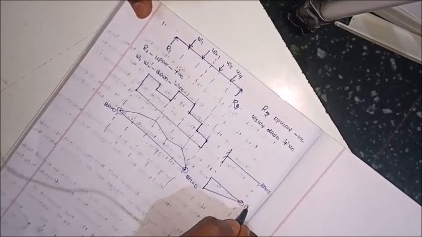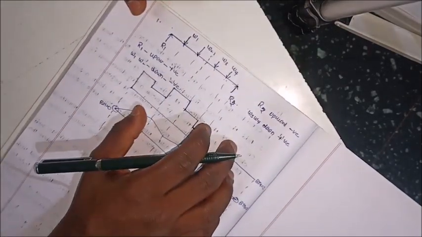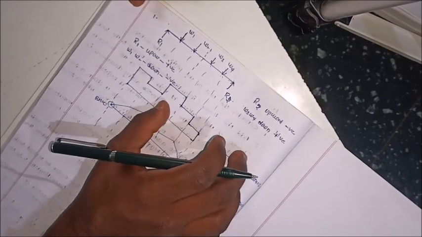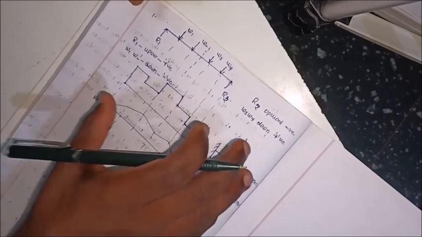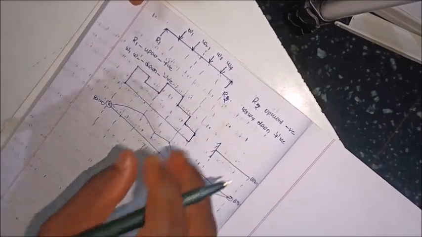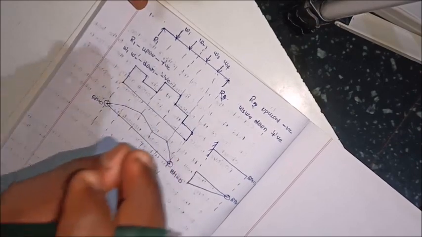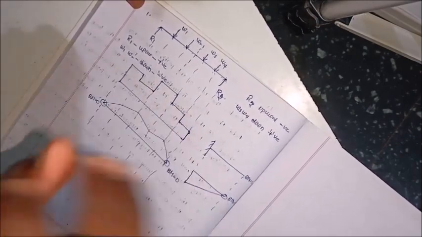Here the bending moment will be equal to 0. These are the points to consider while drawing shear force and bending moment diagrams. These points are very important for drawing any beam's bending moment diagram or shear force diagram, so please remember them.